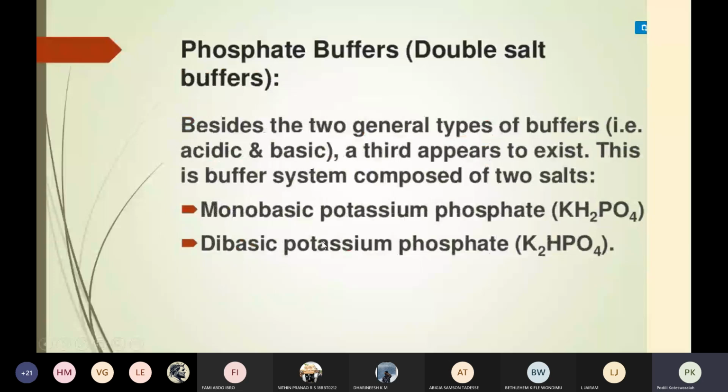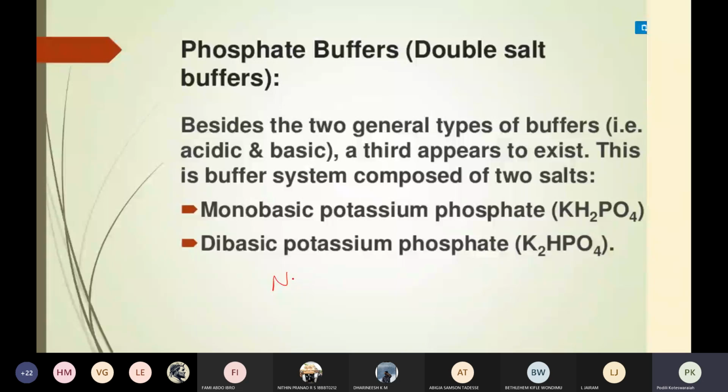And the last one is the double salt buffers. In the sense, here we use two salts. For example, the phosphate buffer, which we commonly use in every biochemistry lab.